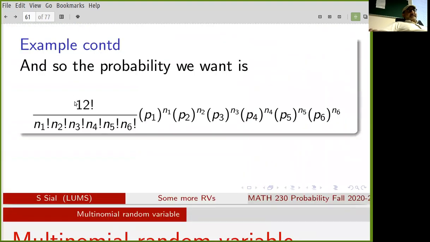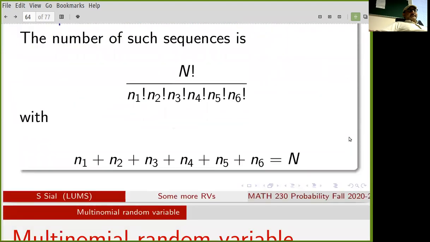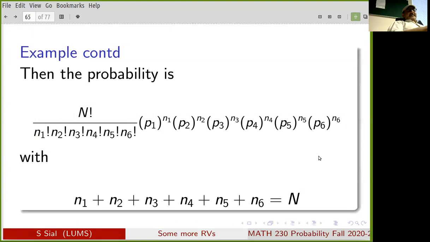Basically, you just have to replace your 12 by N, and your n1 plus n2 plus n3 plus n4 plus n5 plus n6 would have to add up to capital N. So this is what you get: the total number of rolls factorial divided by the factorial of the multiplicities of each of the symbols, times the probability of any one particular sequence, which are all the same.